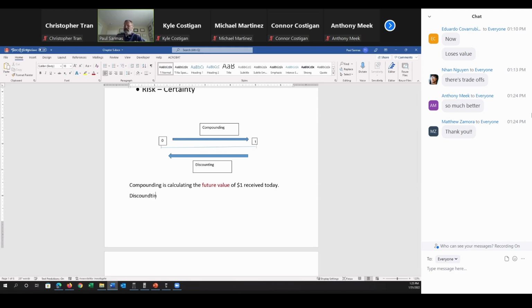Discounting is calculating the present value today of $1 received in year 1.